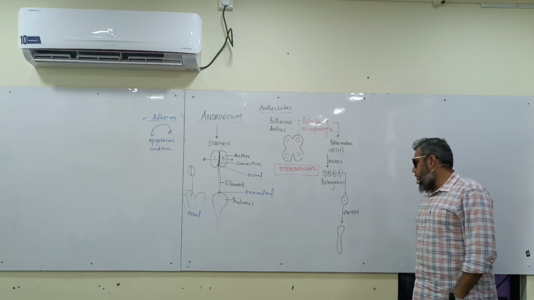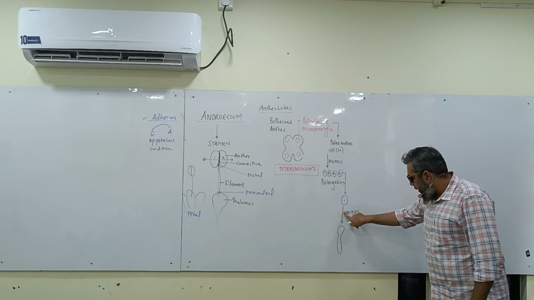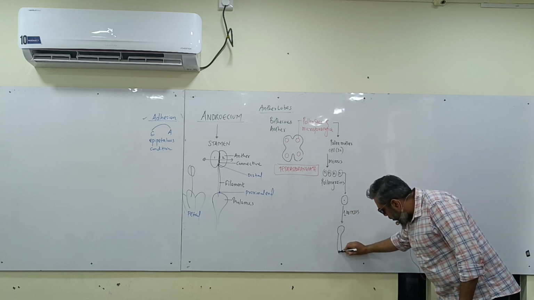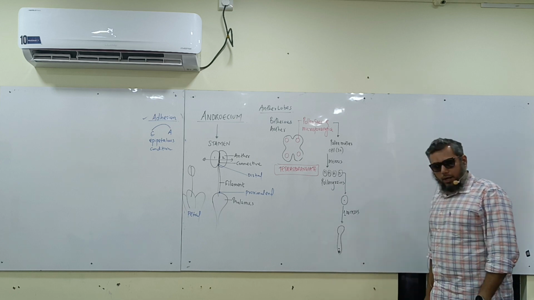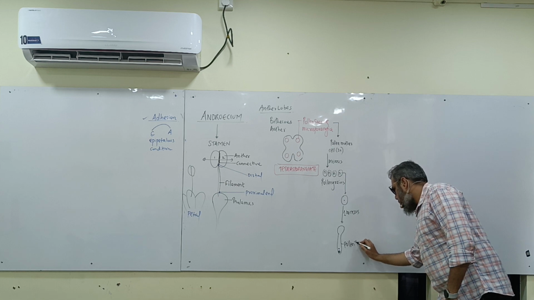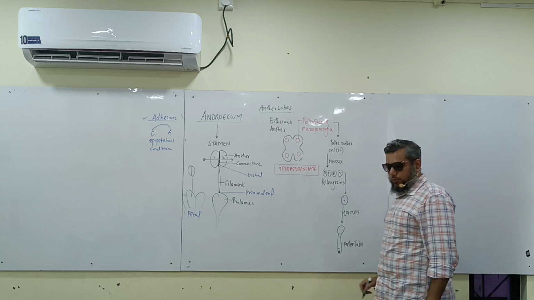So when it will undergo first mitosis, I'll break it down like this. When it undergoes first mitosis, it will form two nuclei inside a tube, which is called the pollen tube.